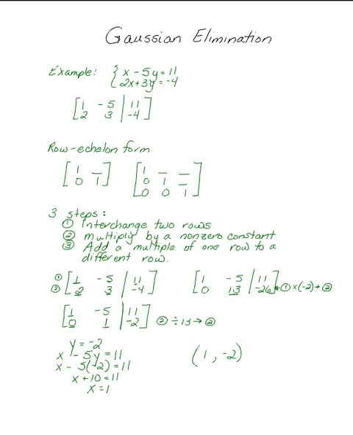So I'm going to take row 1, multiply it by -2, add row 2, and put that right into row 2. So again, let's do that. 1 times -2 is -2, plus 2 is 0.